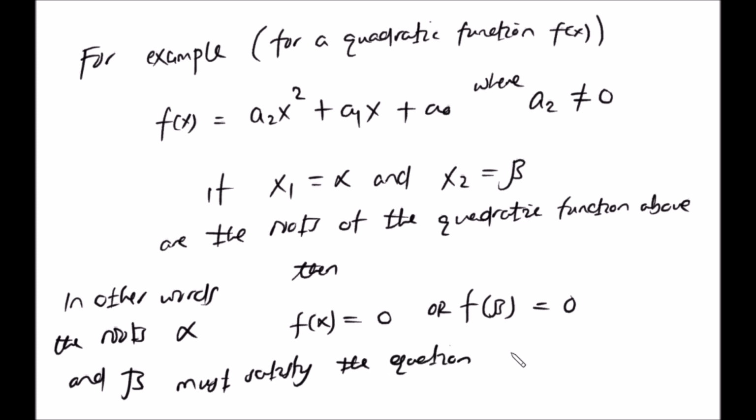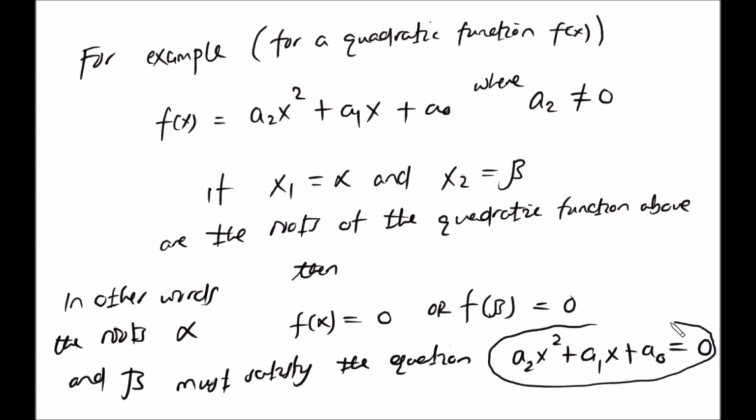Hii hapa naiandika sasa a2x squared jumlisha a1x jumlisha a0 ni sawa na nini? 0. So they must satisfy this one for them to be roots of that quadratic equation above there, quadratic function above.